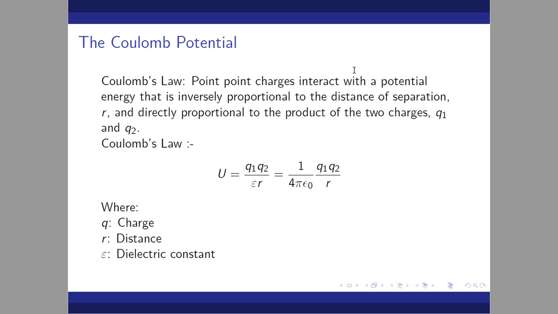So U equals Q1 Q2 over epsilon R, or 1 over 4 pi epsilon naught, Q1 Q2 over R, where Q is the charge, R is the distance, and epsilon is the electric constant.